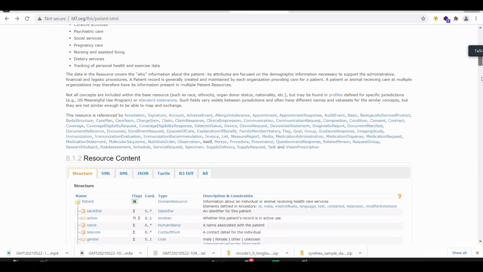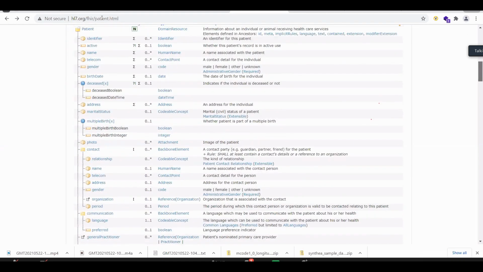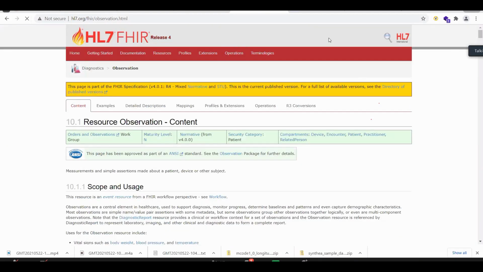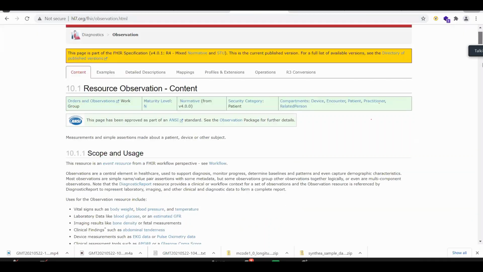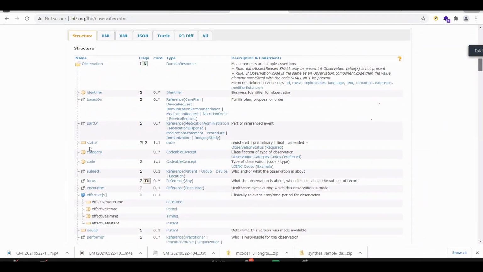But let's take an example. You saw how I went to the Observation resource? We just typed Observation. In Observation, you have a status, and the status is 1..1, right? What 1..1 means is it is a required field. So whenever you are creating an Observation resource, you actually have to give status.